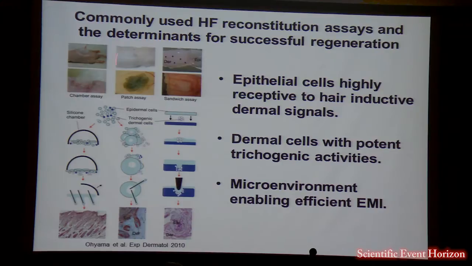In the patch assay, you make a mixture of both epithelial and mesenchymal components and graft it into the subcutaneous space of mice, in most cases immunodeficient mice, and you get the hair structure like this.